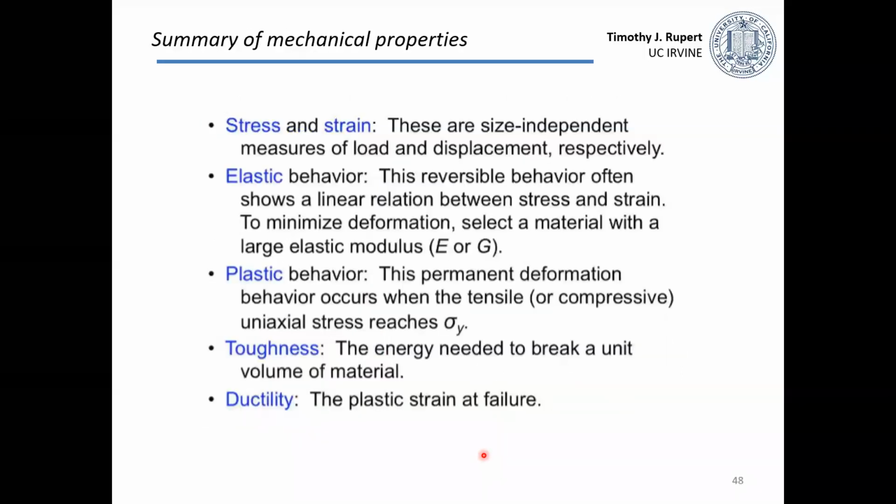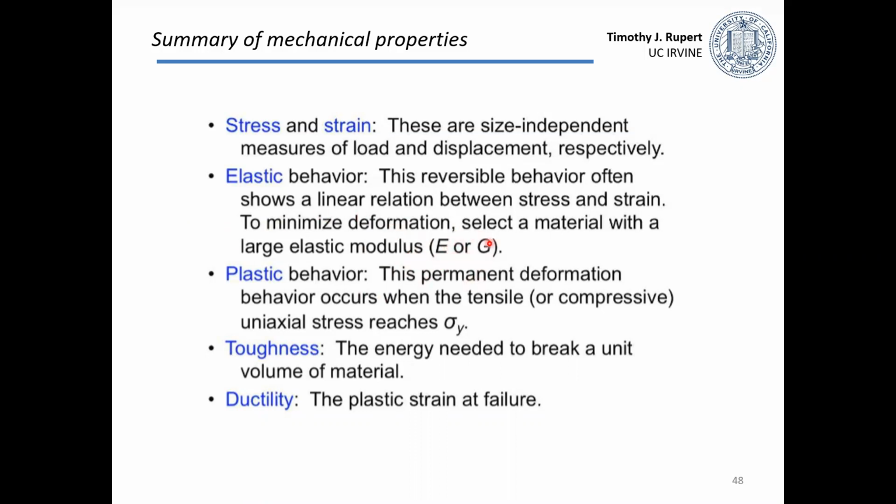Okay, so just to summarize, so stress and strain are really size independent measures of load and displacement. So conceptually they're the same, but they're trying to remove the impact of sample size. Elastic behavior is reversible deformation and oftentimes has a linear relationship, but remember that not always, especially for polymers. And if you, for example, wanted to minimize deformation, you would want to select a material with a large elastic modulus.